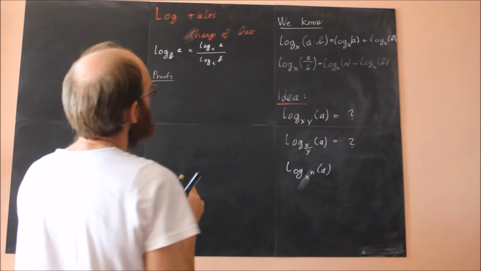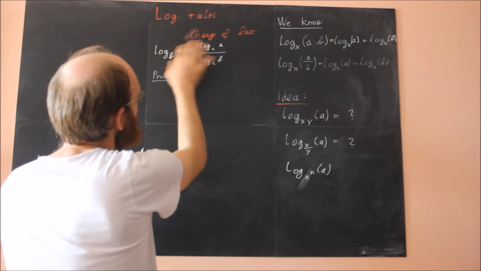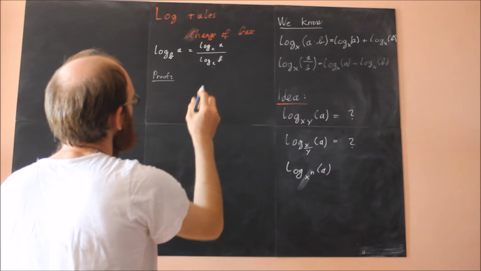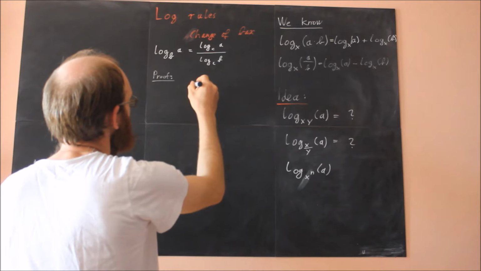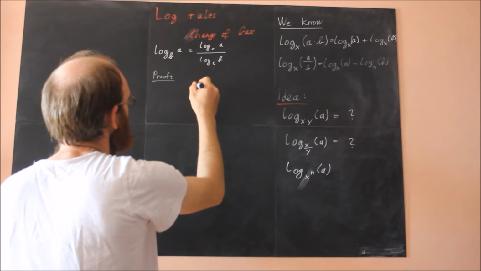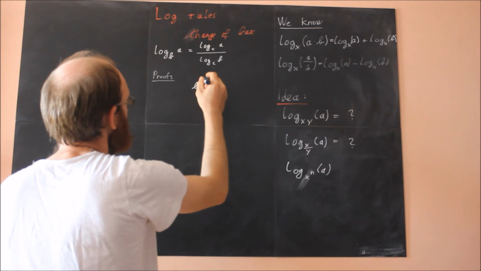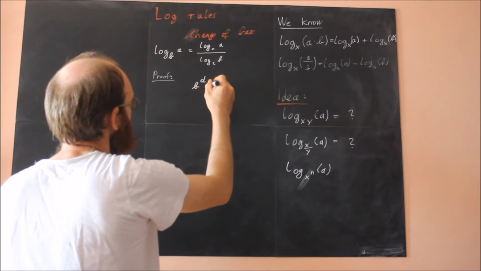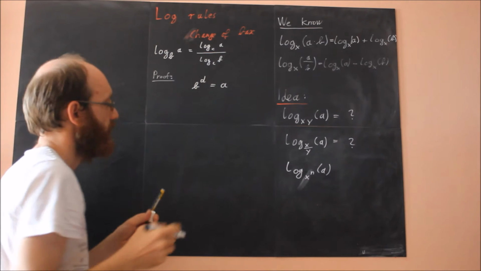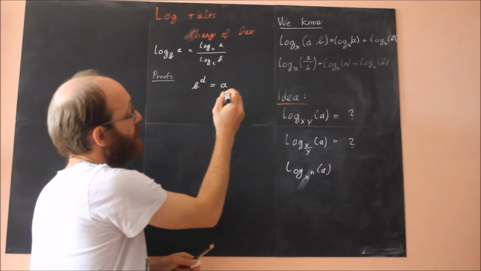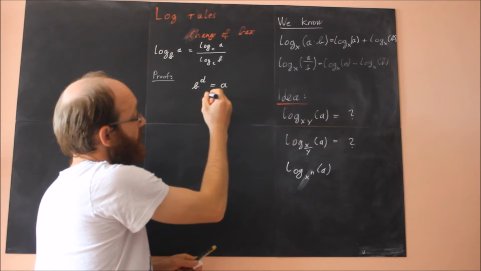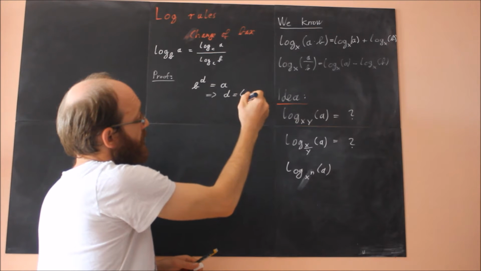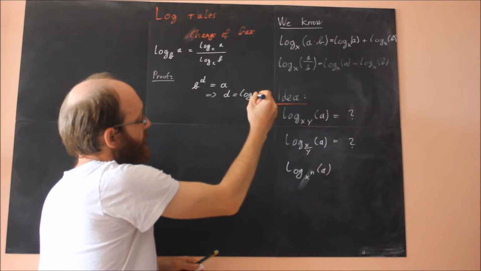I hope I do not mess up the notation. Let's start with, for example, b to the power d equals a. By definition, d is log a to base b.